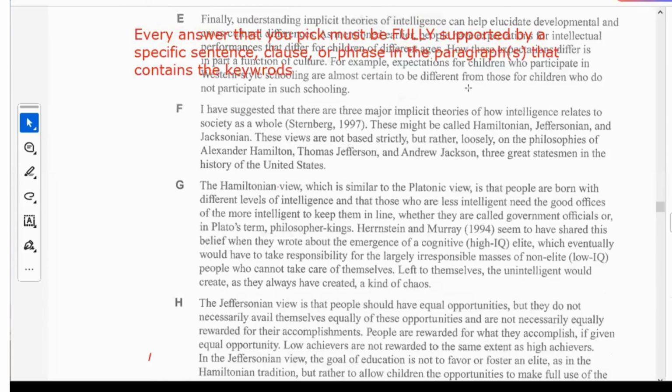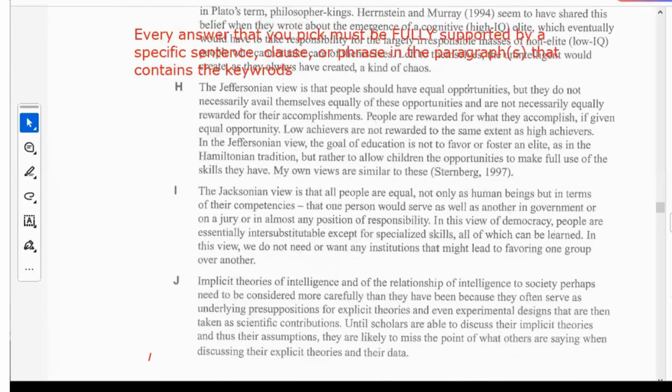Okay, let's check whether Jacksonian would point at those two. The Jacksonian view is that all people are equal, not only as human beings, but in terms of their competencies, that one person should serve as well as the other in government or on a jury or in almost any position of responsibility. So this person is saying that all people are equal and one person should serve as well as the other in any position.